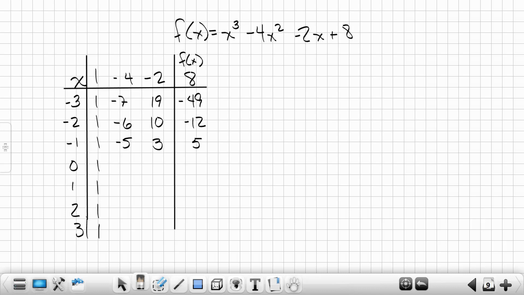Okay. Now, I'm stopped here for a reason. The concept that Aaron talked about a second ago just happened. I crossed from a negative to a positive, which means I have a 0 between -2 and -1.